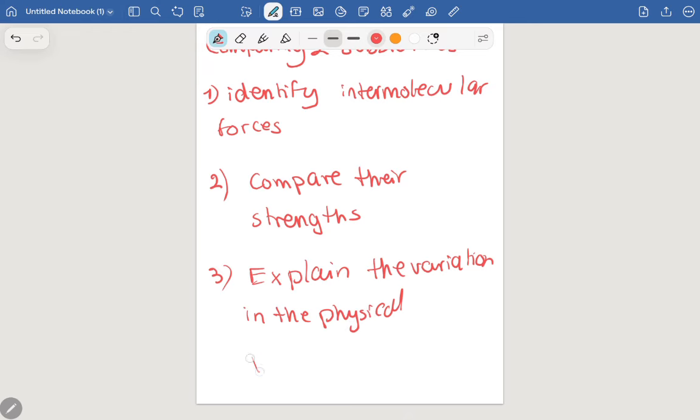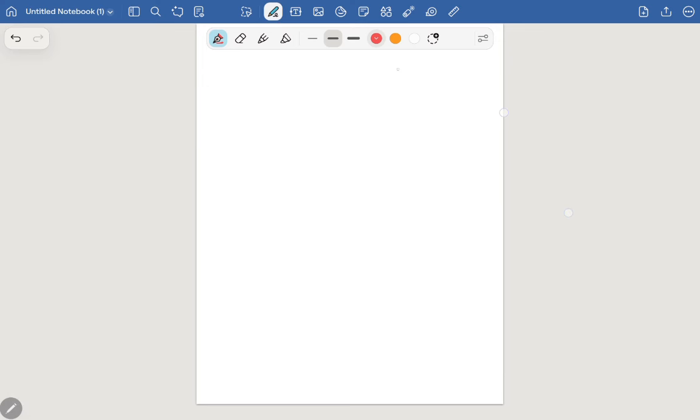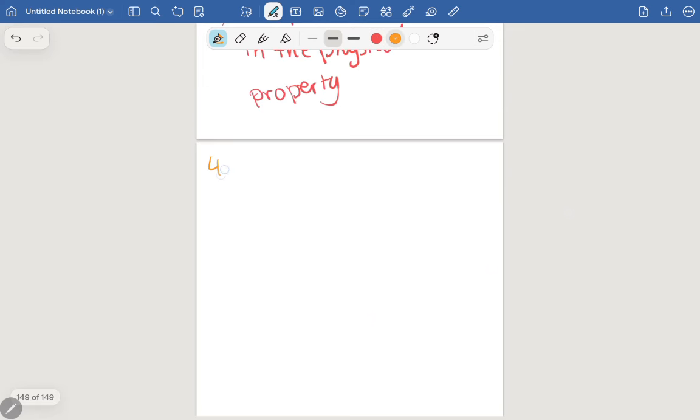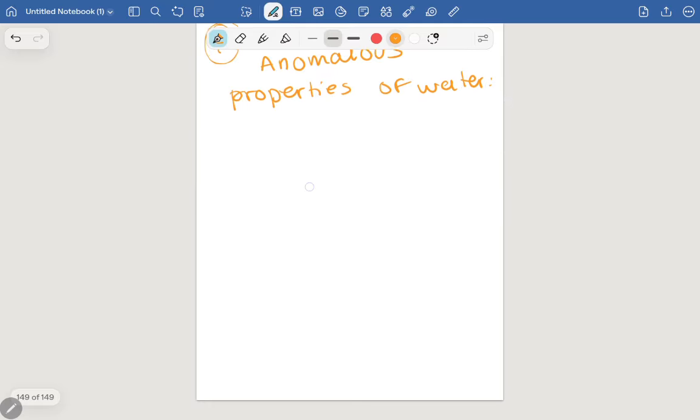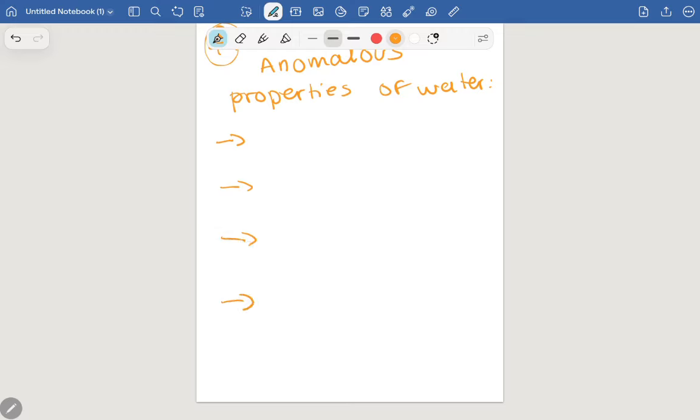That's it for 4.3. Now we'll move on to the last section, which is 4.4. And this talks about the anomalous properties of water. Now, what exactly does this mean? We have 4 anomalous properties of water. The first one is a high boiling point and melting point.